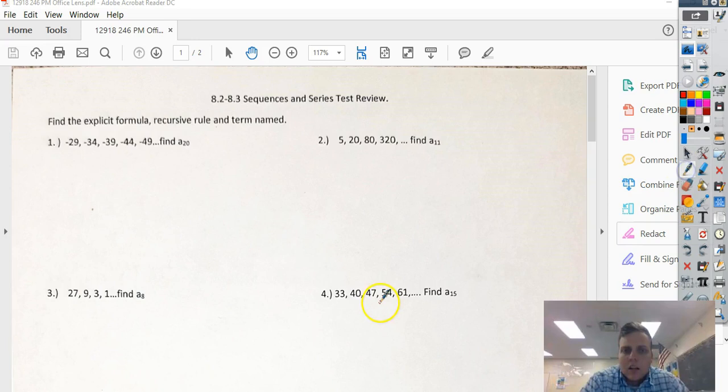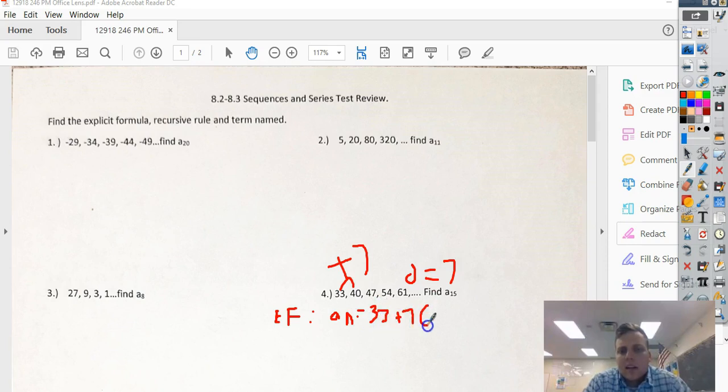Okay, number 4: 33, 40, 47, 54, 61. That's pretty obvious. I'm adding 7 each time, so my d is simply equal to 7. Now that I know d is equal to 7, I know this is arithmetic, and I can find the explicit formula by saying a sub n is equal to the first term, which is 33, plus 7 times n minus 1.